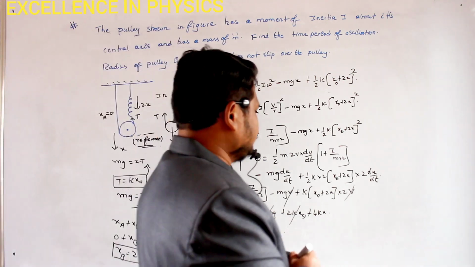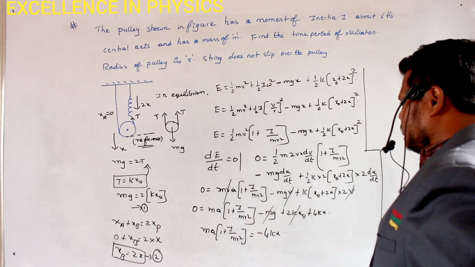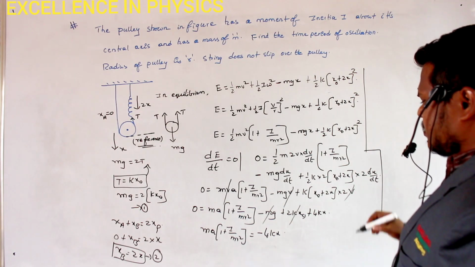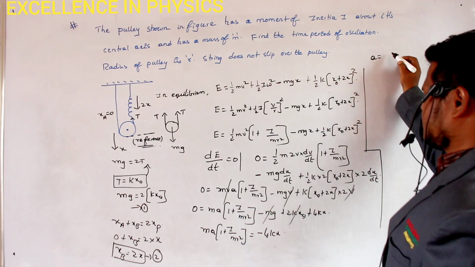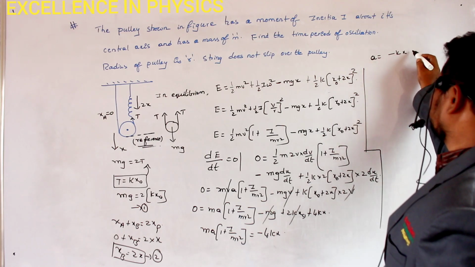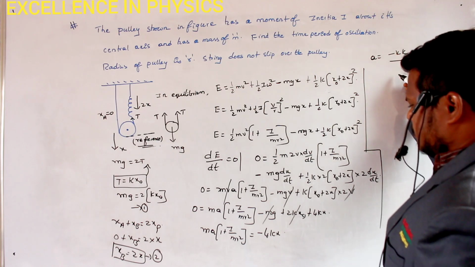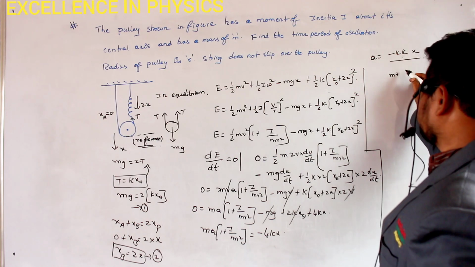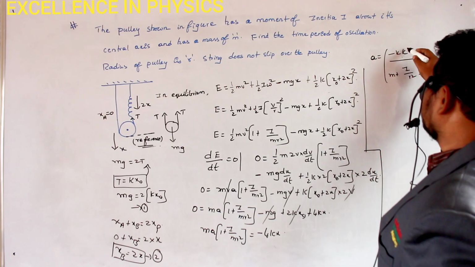Now further we will try to solve from here. So now let us see what we can write. I can write a is equal to minus 4k into x divided by, now what are the terms? I can write (m plus I by r square). So this is the relation which I will get.